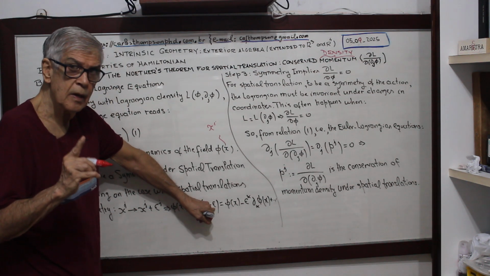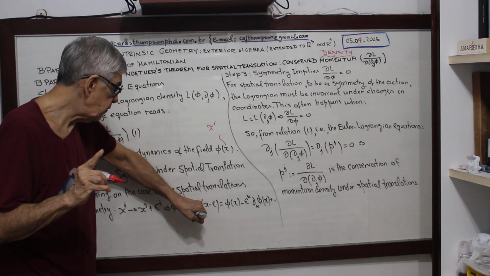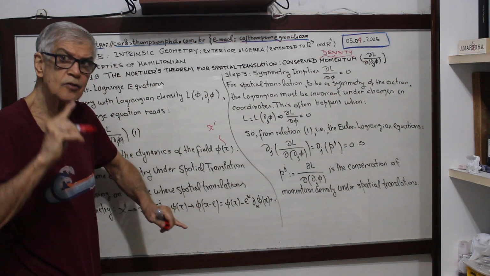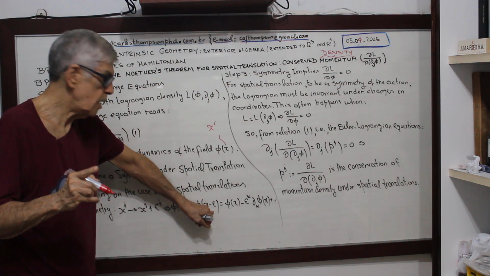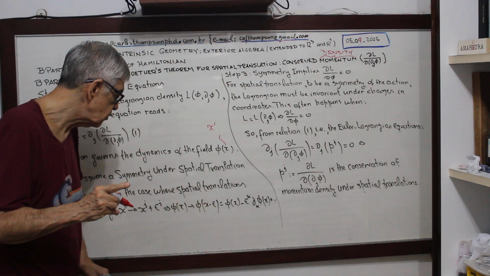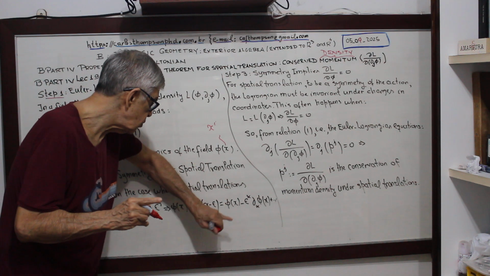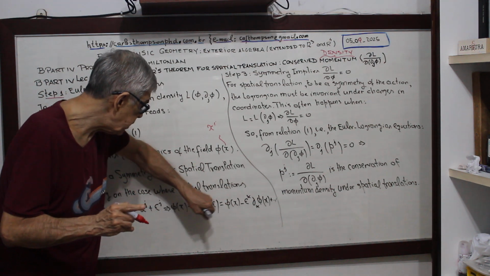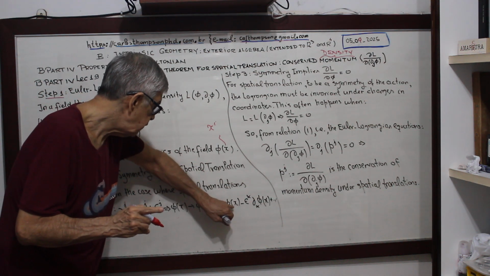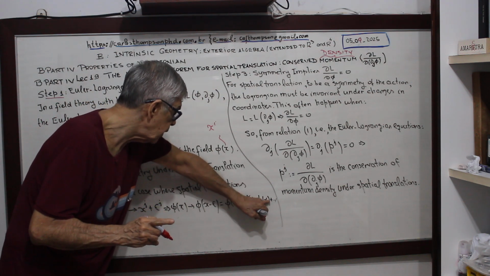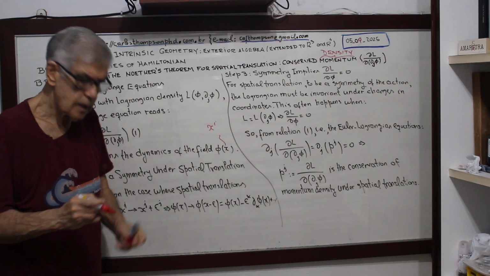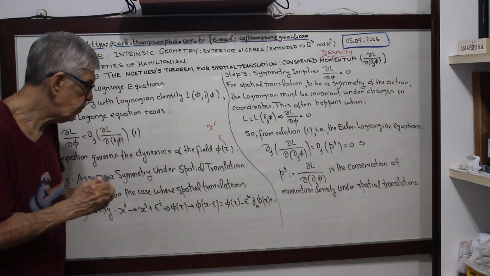Remember that phi of x prime, you just subtract this increment over here. So you can expand this as phi of x minus this term over here, plus the superior order terms.